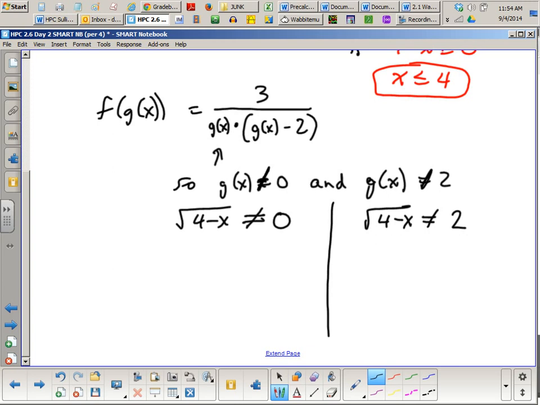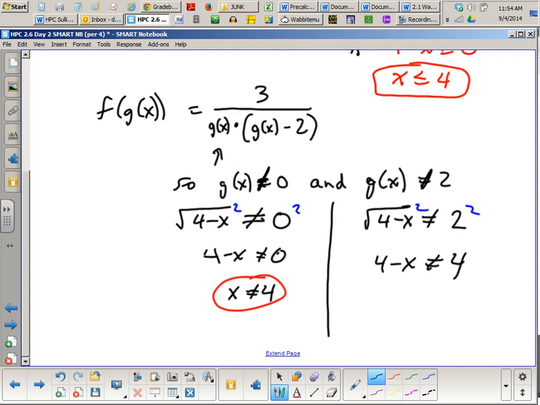What's the first one telling us? x cannot equal 4. There's only one root to this. If you solve this, you get 4 minus x cannot be 0. So there's exactly one thing x cannot be, and that is 4. And this other one, we square that, and we get 4 minus x cannot be 4. This reminds us that x cannot be 0.